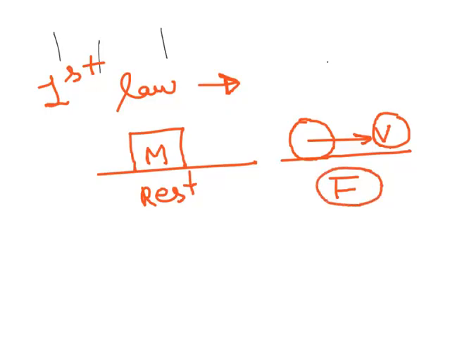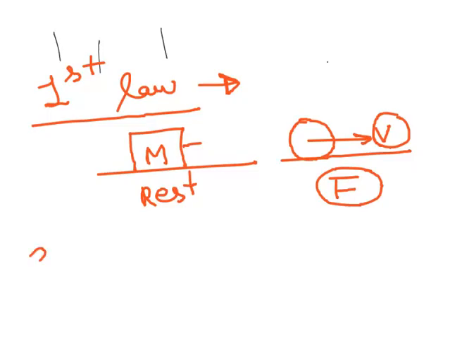When you apply some external force, then this velocity changes and acceleration is produced. So this law says that if a body is at rest, it will remain at rest until some external force is applied on it. And if a body is moving along a straight line uniformly, it will continue to move with the same constant velocity until it is acted on by some external force. So this is Newton's first law.